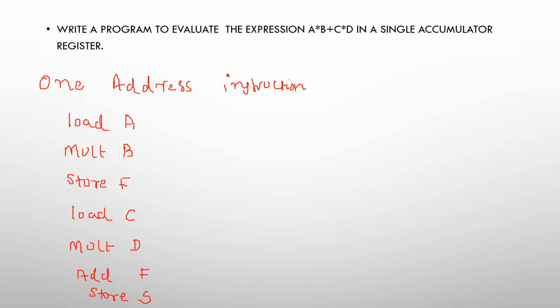So now F holds the value A into B, and after multiplication the accumulator register value is C into D. Now we add F, so A star B is added with the content of C into D, and finally that value, the content of F, is stored in register S. So this is how we can write the code using one address instruction.